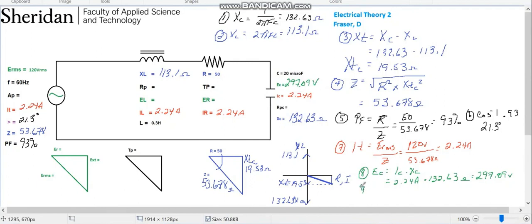And then step 9, we'll find out what the voltage across the resistor is, which is just simply the amperage of the resistor times the value of the resistance of the resistor. So I got 2.24 times 50 ohms, which is 112 volts. So I'll write that in there.